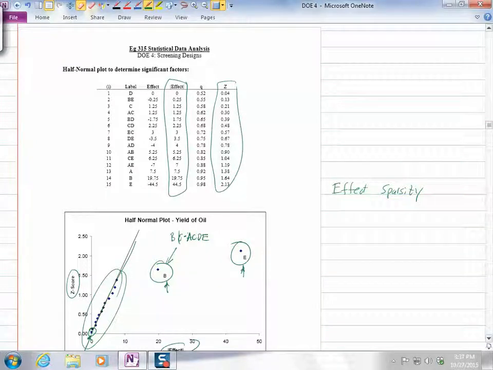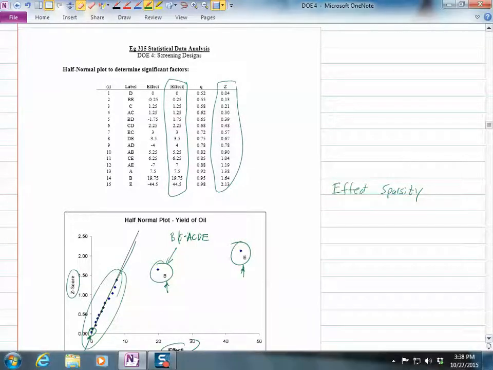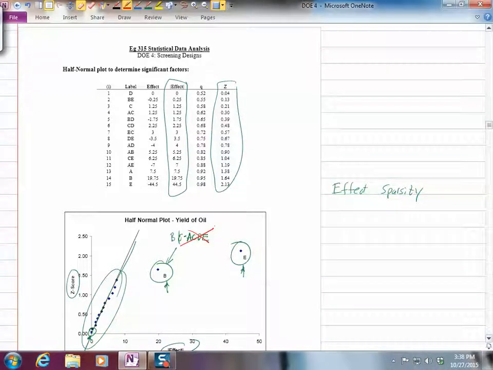Not too worried about that negative sign though. It's the sum total of the main effect and that four-way interaction. And we are just going to assume, and we'll be really safe in this assumption, that that four-way interaction is not doing anything. So we can assign everything that's happening in this B effect to the main effect of B.